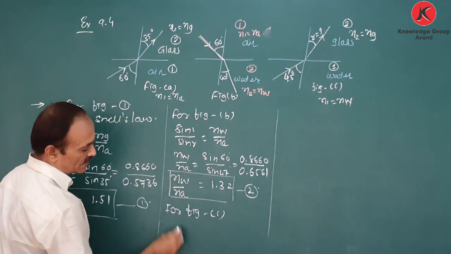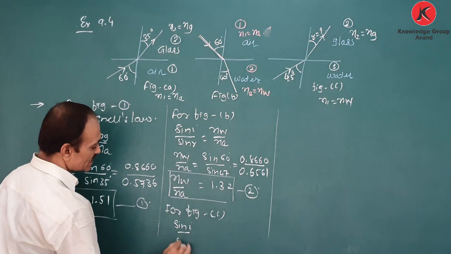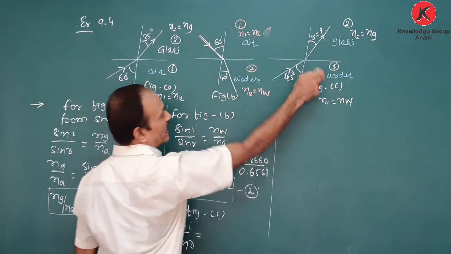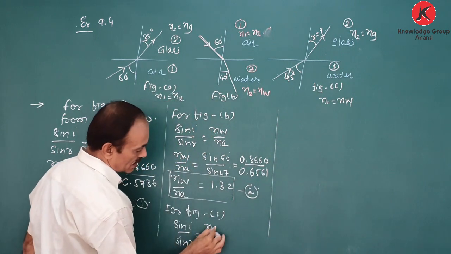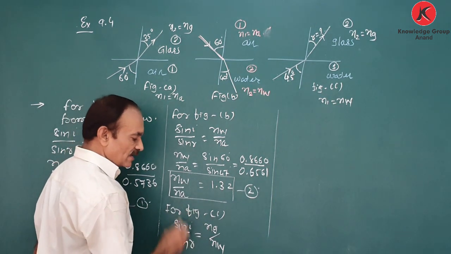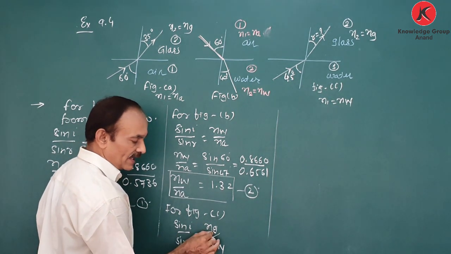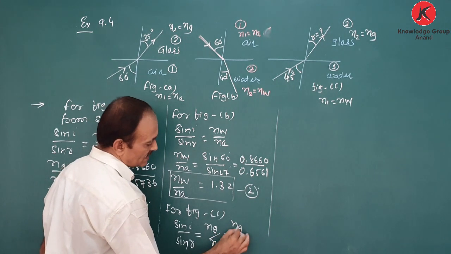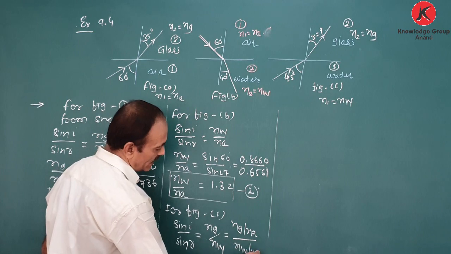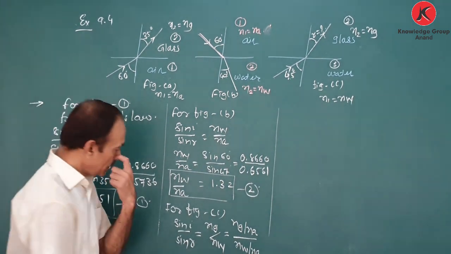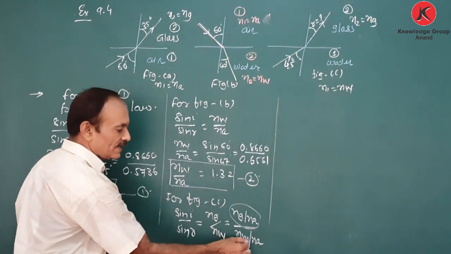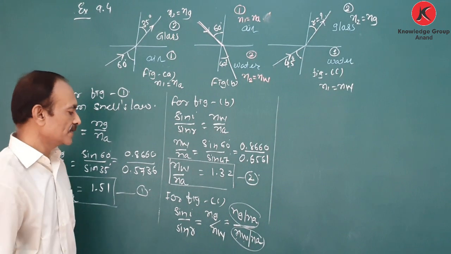Therefore, from Snell's law, sin i upon sin r is equal to n2 upon n1, where n2 is ng and n1 is nw. So, dividing the right hand side of this equation by na, we get ng upon na over nw upon na. Now, ng upon na is the value of equation 1, and nw upon na is equation 2.